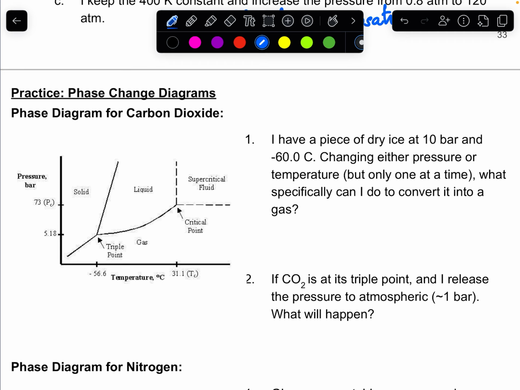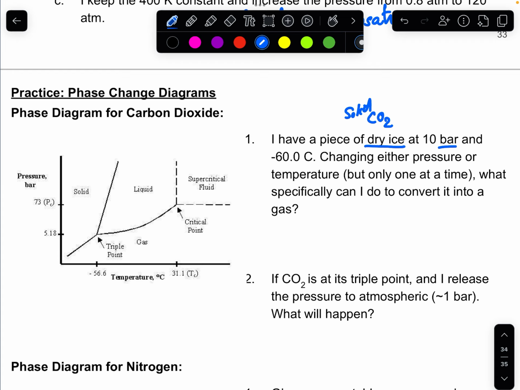Okay, I have a piece of dry ice. Dry ice, you know, is solid carbon dioxide, at 10 bar pressure. Its unit is different, okay? 10 bar pressure and minus 60 degrees Celsius.